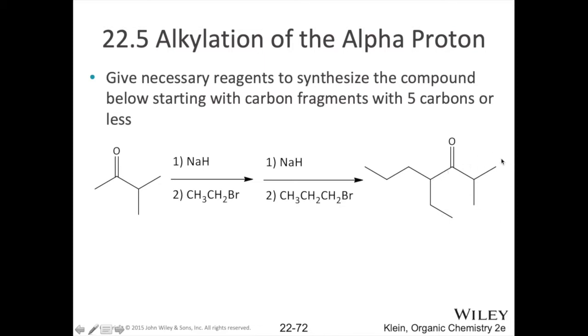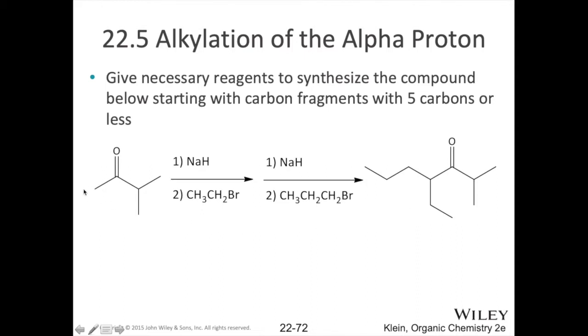If we consider that this is our smaller group, we've got 1, 2, 3, 4, 5 carbons here, we could leave this isopropyl group intact as our starting material, as they've done here. So what we're doing now is adding the rest of that alkyl chain at this alpha carbon. In each of these steps, we're adding each of these alkyl groups to the carbon on the left.